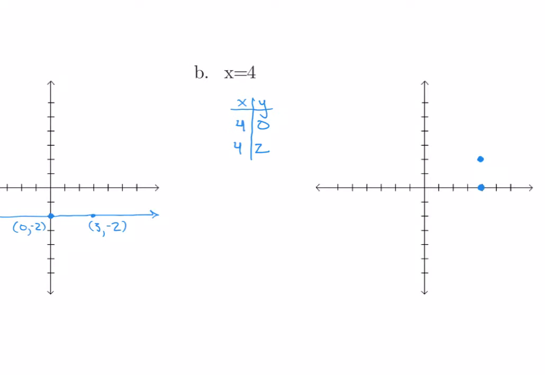And now if we go ahead and draw our line through these points, it should look like this. We label. Now going back to our domain and range, notice that our domain, what are our x values?